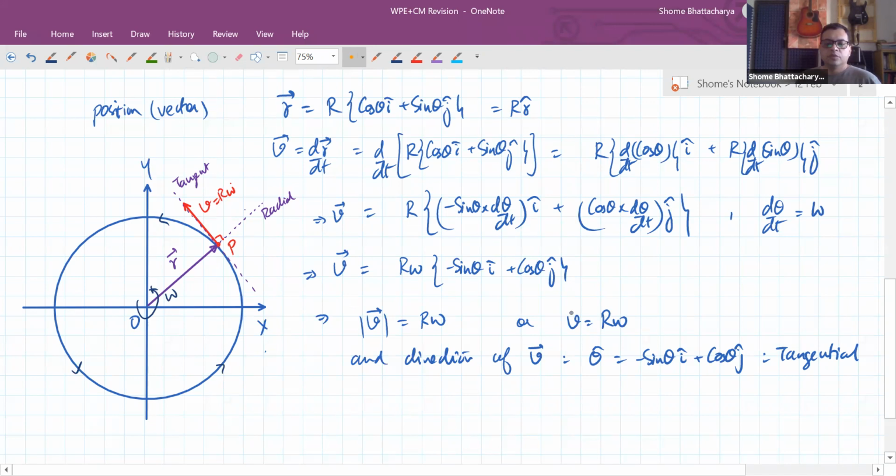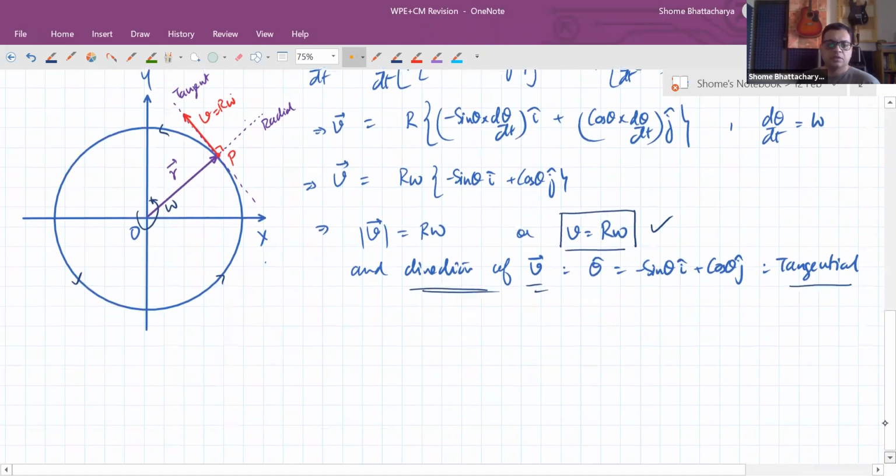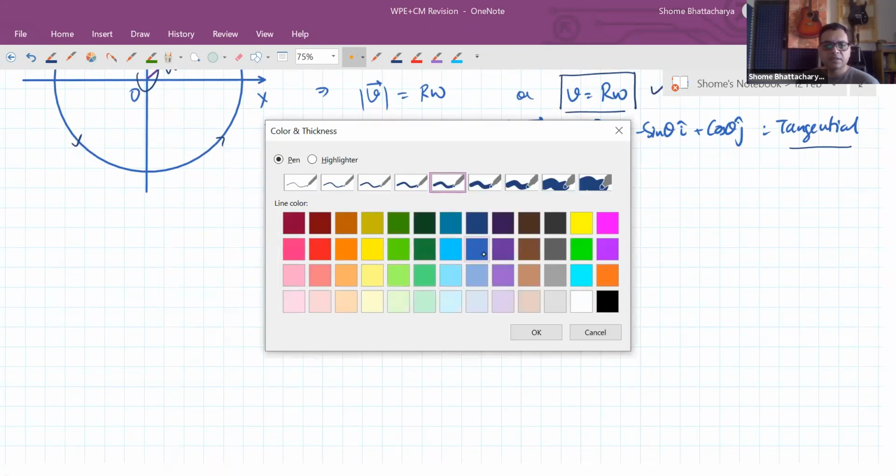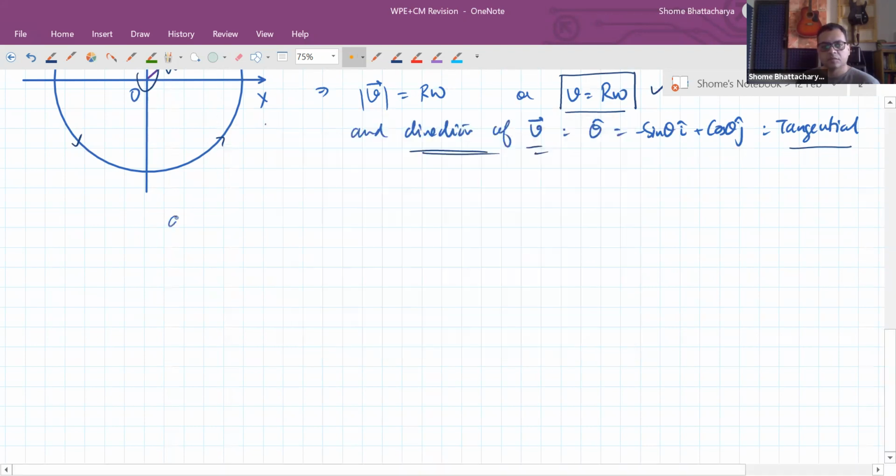So these two become important relations here. This and the fact that the direction of v is tangential. Next up, from the same logic, we look at the understanding of acceleration, which is rate of change of velocity with respect to time. We shall take the rate of change of this term now.